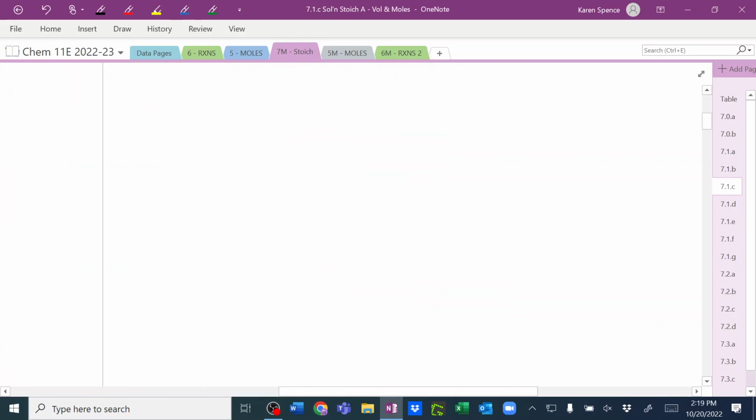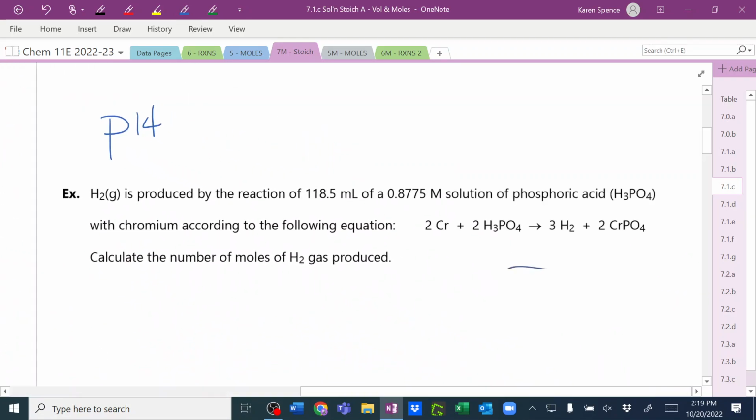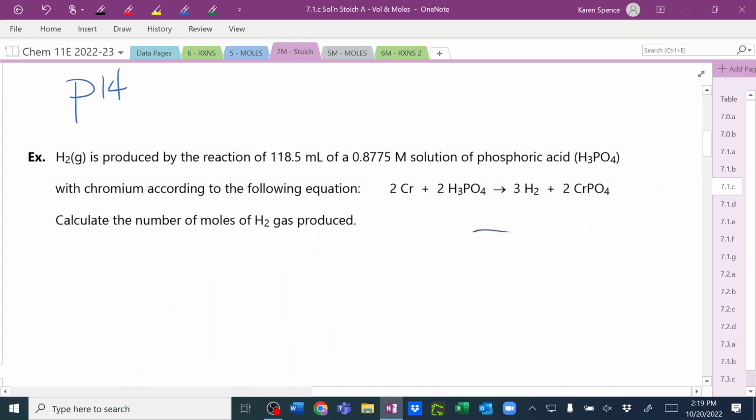With me? Excellent. So our first one we have is here. We have hydrogen gas is produced by the reaction of 118.5 milliliters of a 0.8775 molar solution of phosphoric acid. So we have 0.8775 moles per liter. Always useful to do that.